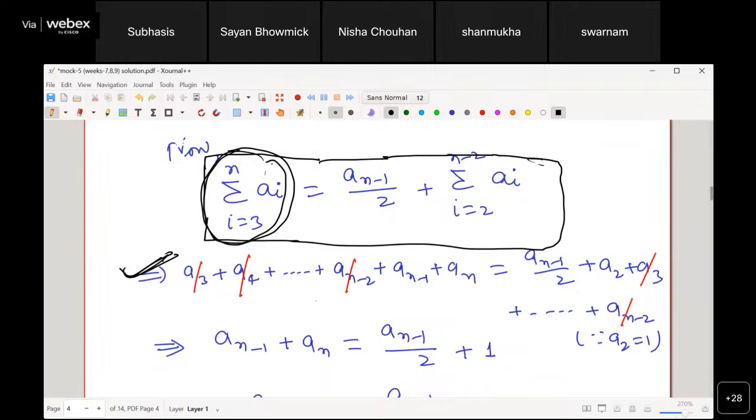So you are basically adding A3 to An, right? Yes, sir. So that is what is written here. Correct or not? Yes, sir. So what is this part? You are adding ai from 2 to n minus 2, right? Yes, that is written here, right? Yes. So it's clear, right?